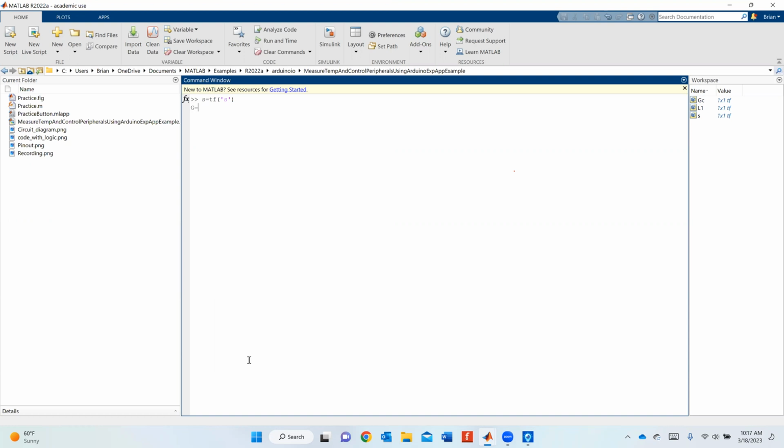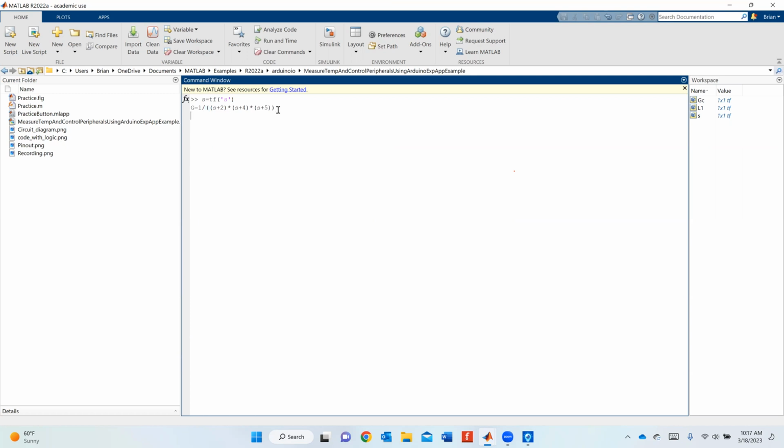So we need to make our G is equal to, and here we don't know the value K, so we're trying to determine that. So now it's just going to be 1 divided by S plus 2 times S plus 4 times S plus 5.